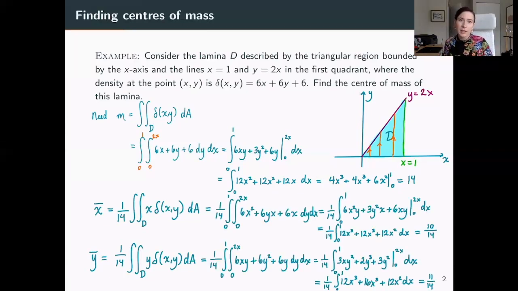After a whole lot of integration and anti-differentiation of these relatively straightforward polynomial functions, we end up having that our x bar has the value of 10 over 14, and our y bar has a value of 11 over 14. That means that our center of mass is going to be at the coordinate 10 over 14, 11 over 14 for this particular lamina.